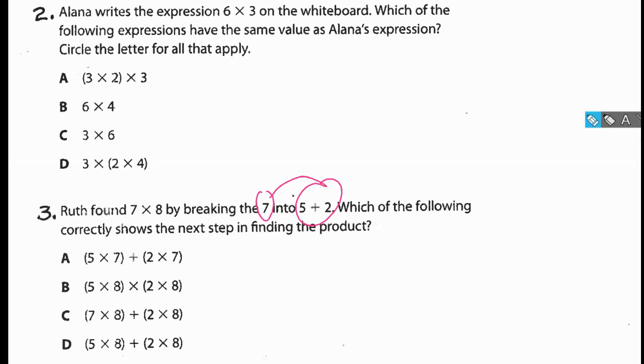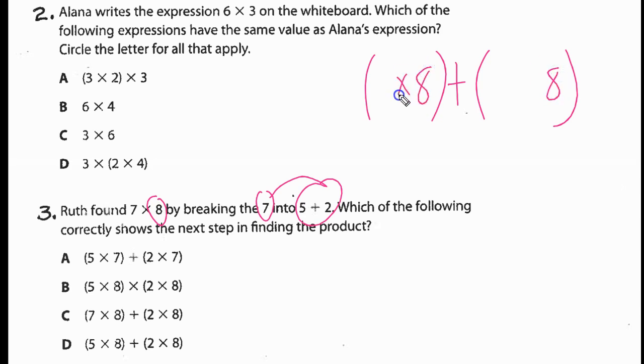So then now she took this. She went, oh, remember the problems that we did with parentheses? The 8 is going to stay the same because did we decompose 8? They would break apart number 8. No, we did 7. So that's going to stay the same. And she decomposed 7 into 5 and 2, and then she just multiplied.